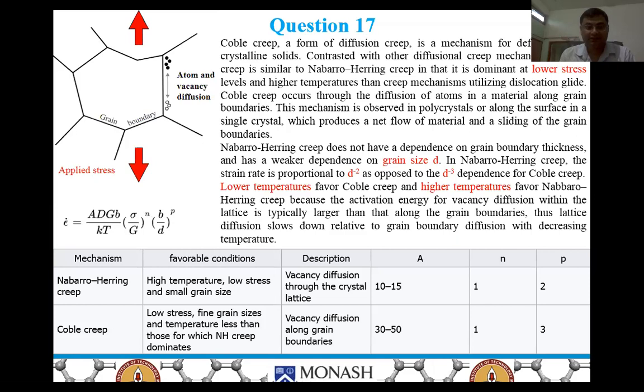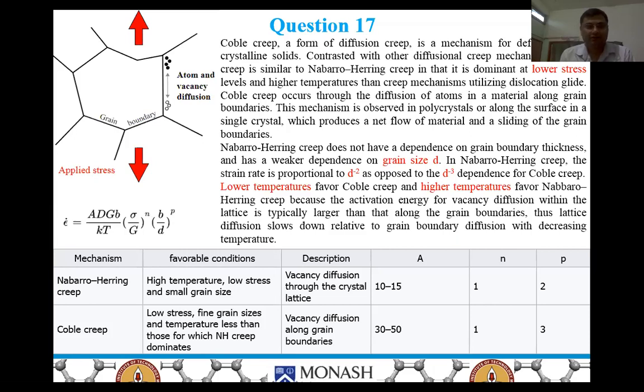whereas in the case of Nabarro-Herring creep, the diffusion occurs inside the grain, inside the bulk structure of the grain. So if the grain size is slightly bigger, then the bulk diffusion will be happening, and the grain boundary area will be less.